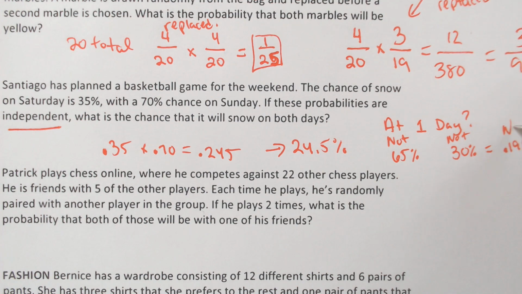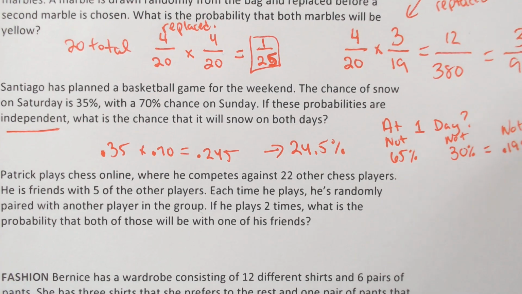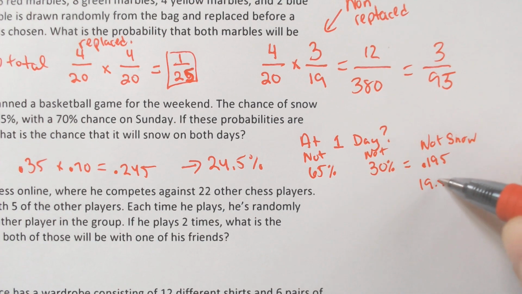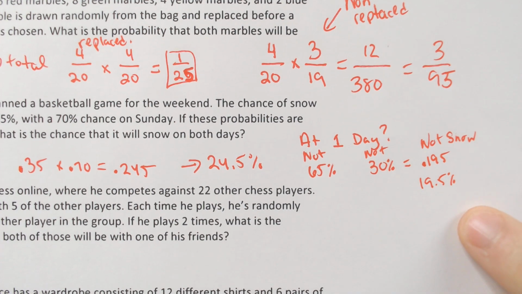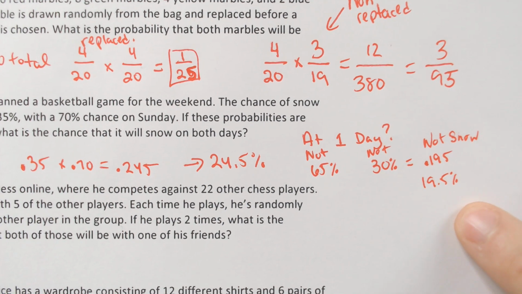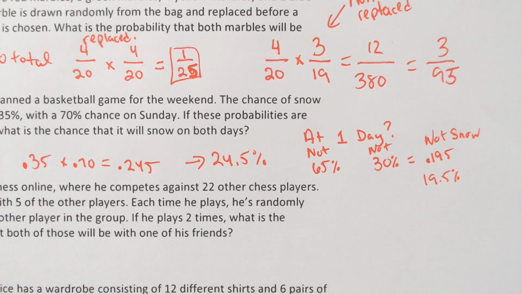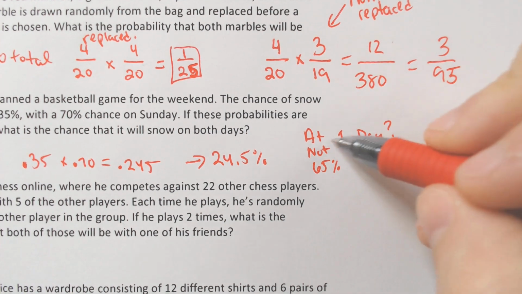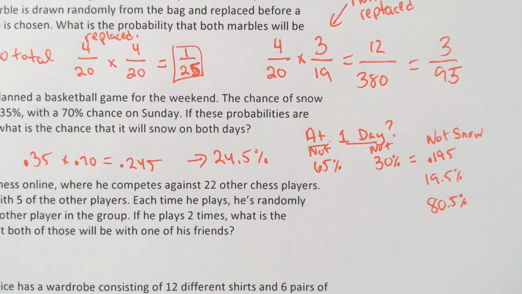So this is not snowing at all, a 19.5% chance. So the likelihood of it snowing at least one of those days would be the opposite of that. 100 minus 19.5 is 80.5% chance of it snowing at least one of the days.